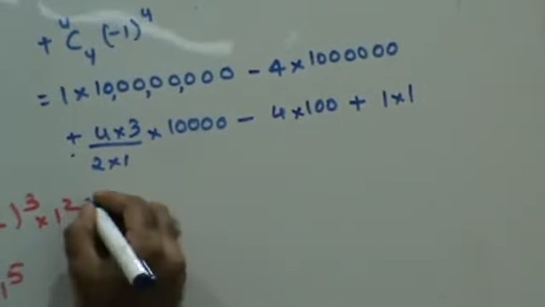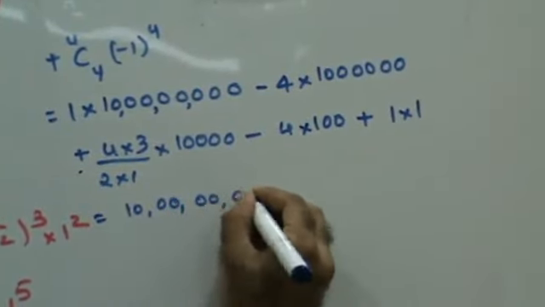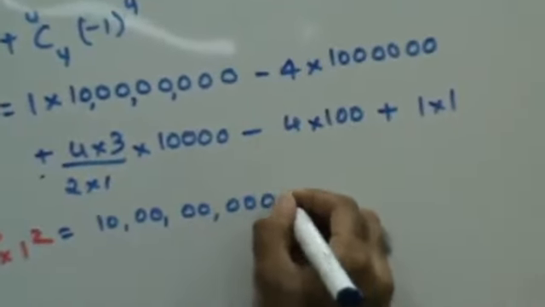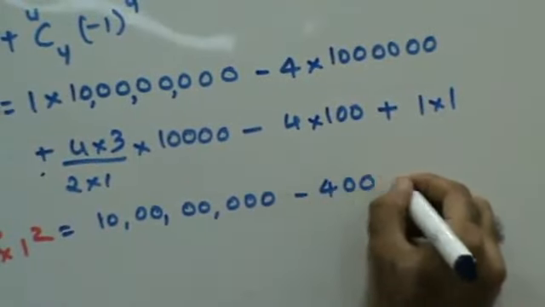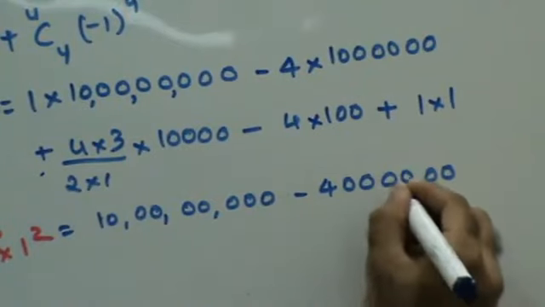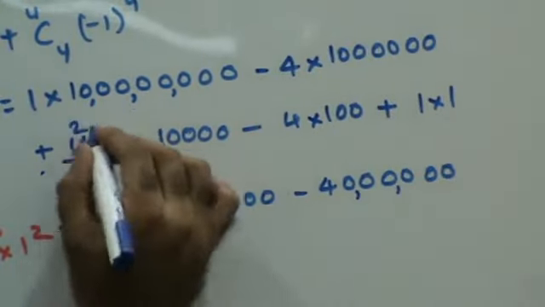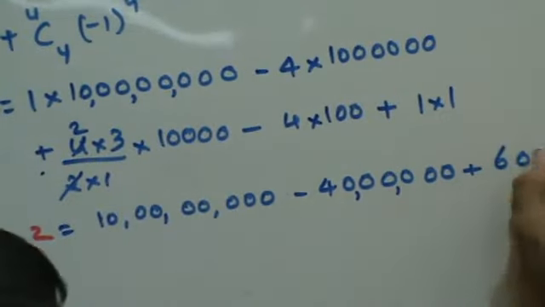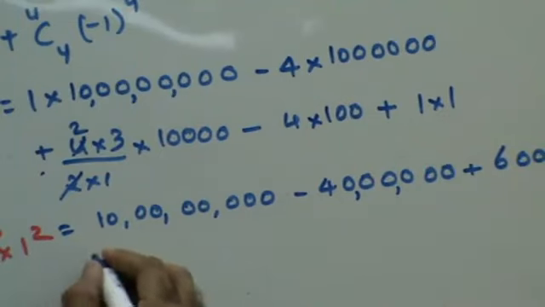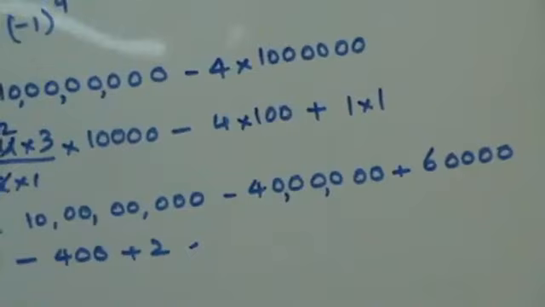So this is going to be more than 10 lakhs. Minus 4 and then 6 zeros, this is 40 lakhs. 6, and 4 zeros, minus 400 plus 6.